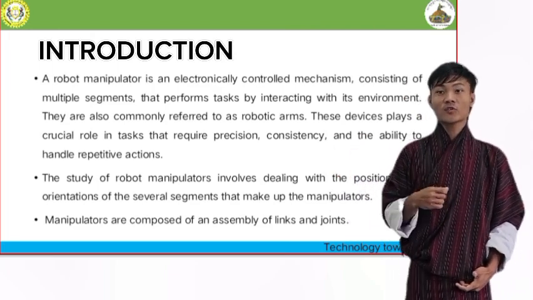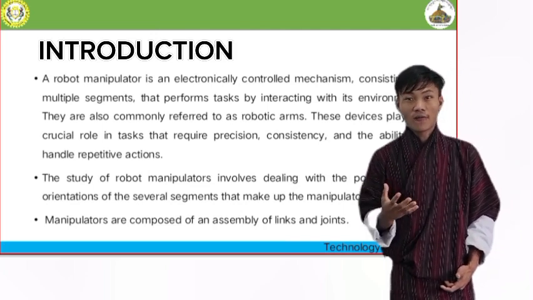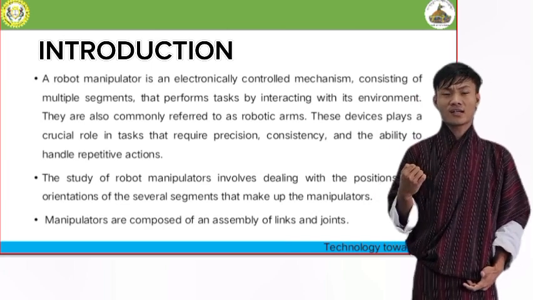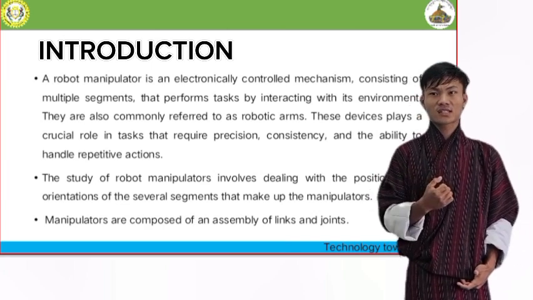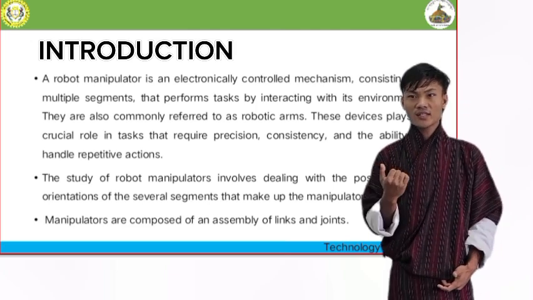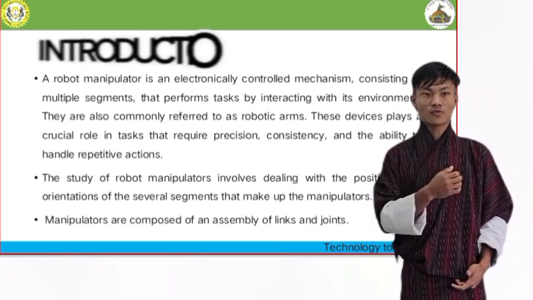So next, the manipulators are composed of an assembly of links and joints. They are made up of links, which are pieces that connect, and joints, the places where the pieces are moved.